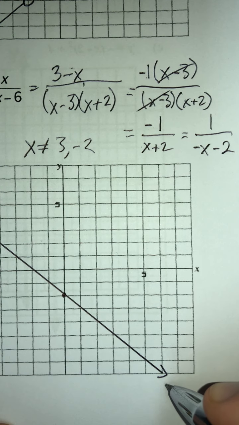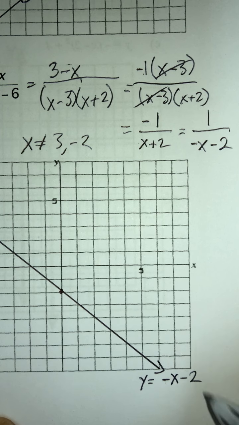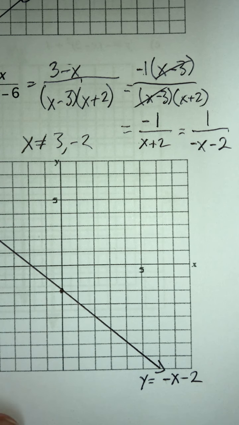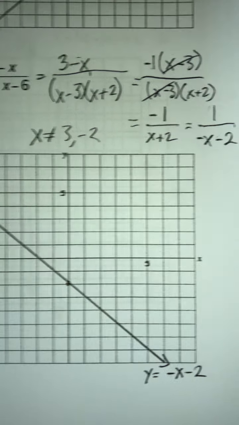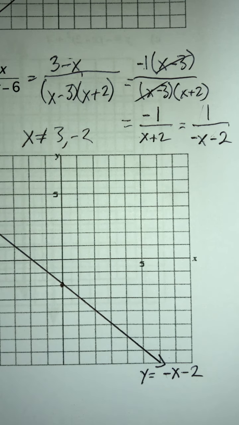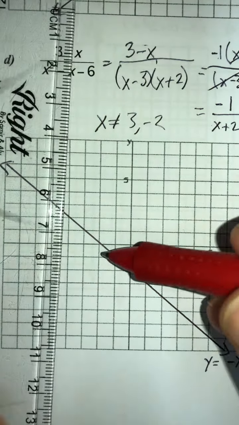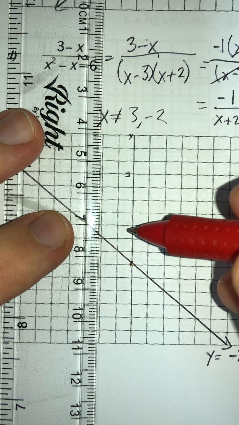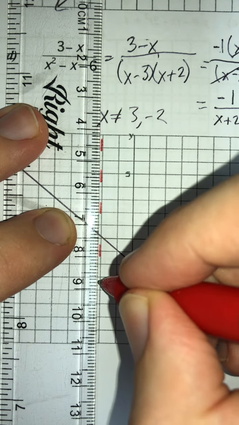So this is y equals -x minus 2. That's not the graph that I want. This is just the denominator. I want to plot the reciprocal of this. Again, what I need to do is look at where is my asymptote in this graph. It's at the x-intercept, which is here at -2. Plot this out.